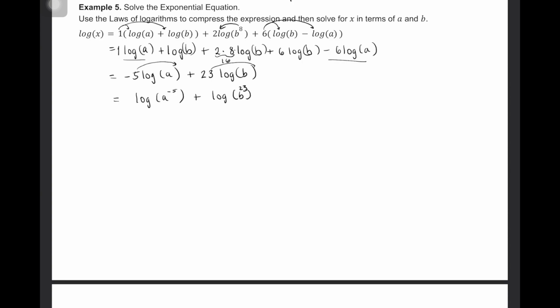Maybe I can fix that one like that. Now if you notice, we started with a few logarithms, and now we only have 2 types of logarithms. And because the logarithms have the same base, that means we can compress it to one single logarithm. Because this was addition, this turns into a multiplication within the logarithm.